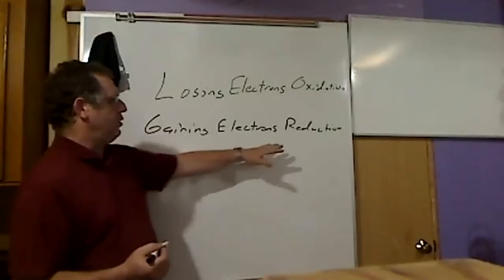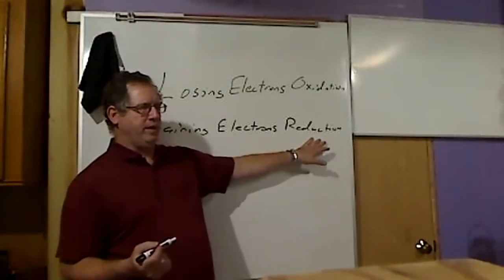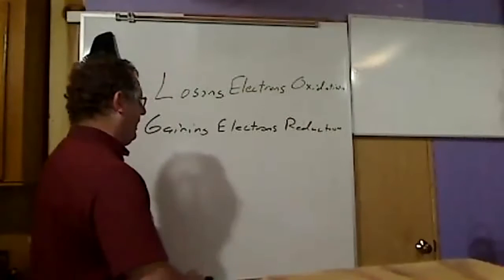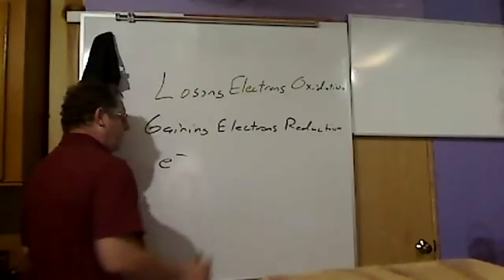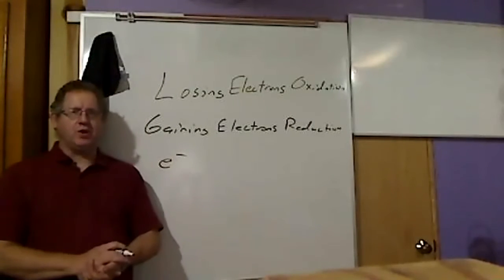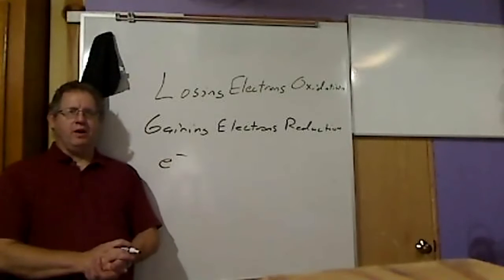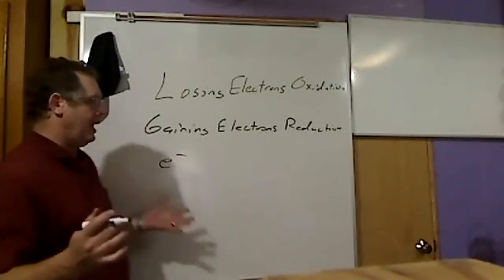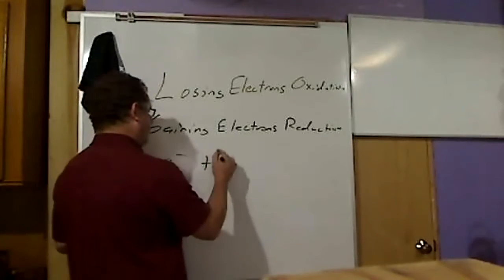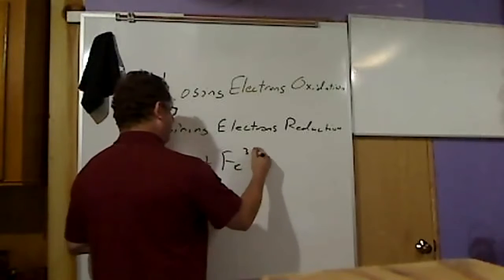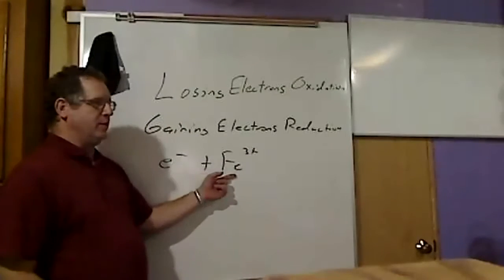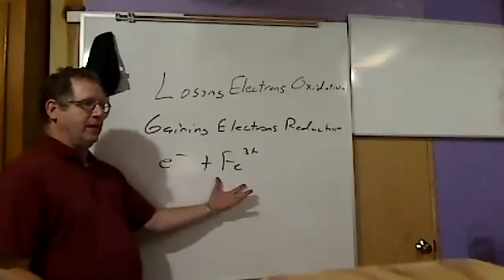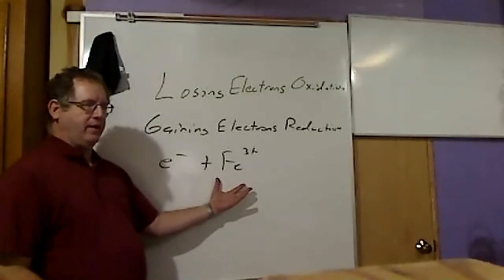Now, another reason that we call this reduction is if I'm gaining electrons, and the electron has what kind of a charge? A negative charge to it, okay? So if I add that to anything, so let's say I add that to an iron 3. If I add an electron to an iron 3, the iron 3 gains an electron, right? Okay, GER.